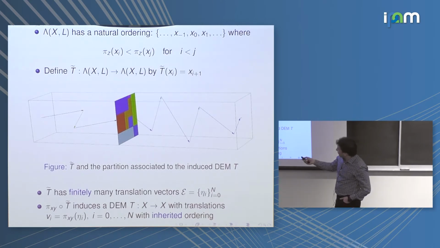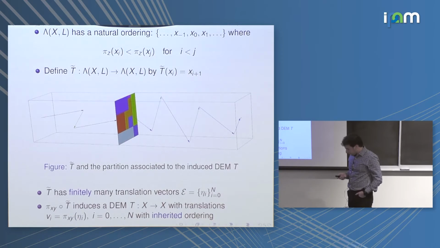And we'll use this sequence of points that are in this tube here to define our domain exchange map. So these points in the tube are naturally ordered, just by their z-coordinates. And so this point has a z-coordinate which is smaller than that point. And then there's a next point with a slightly larger z-coordinate over here.